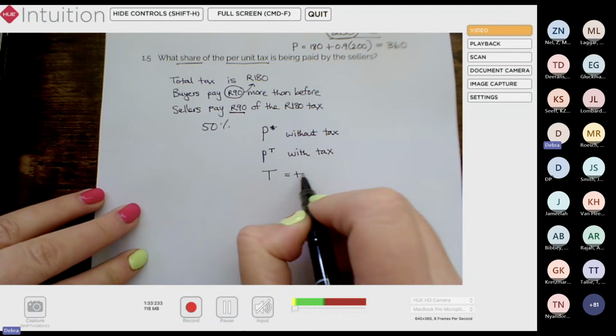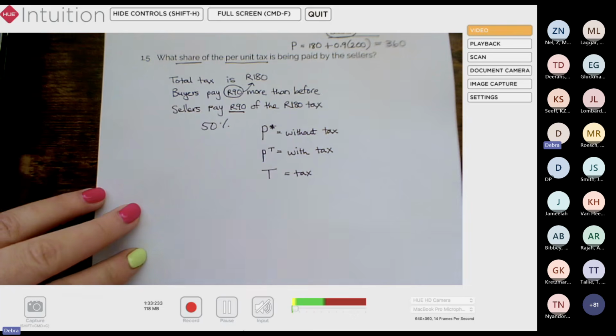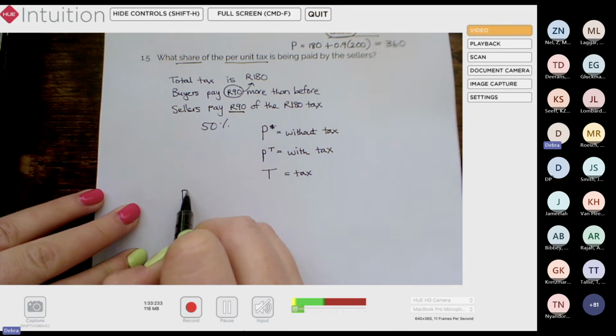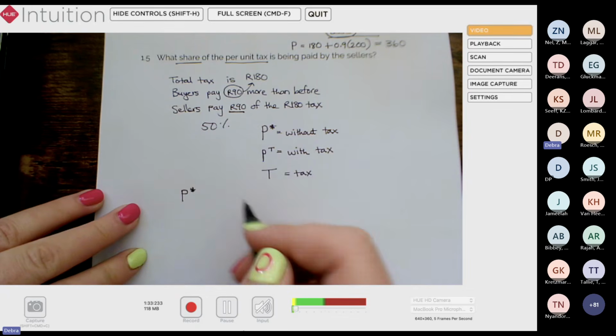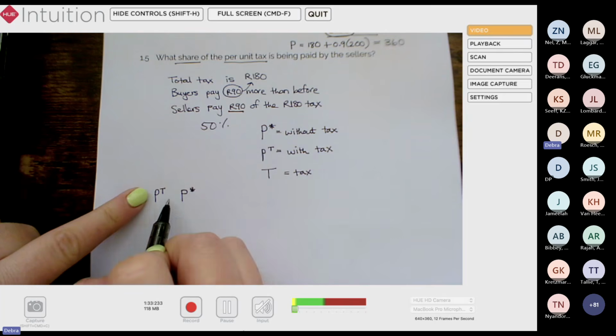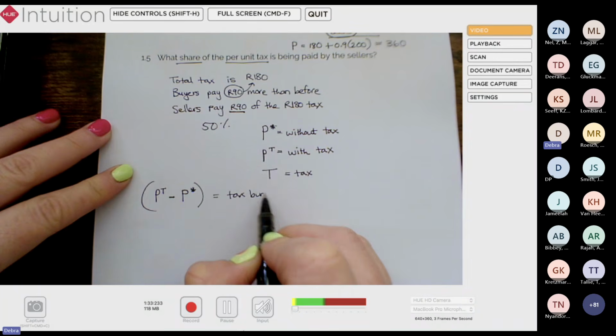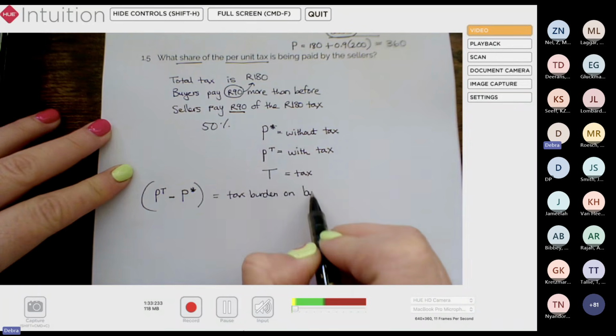It means that when we take the price that buyers now pay, sorry, that's this one. If we take the price that buyers now pay and we subtract the price that they used to pay, this tells us how much of the tax the buyers are responsible for. Okay, so this is the tax burden on buyers.